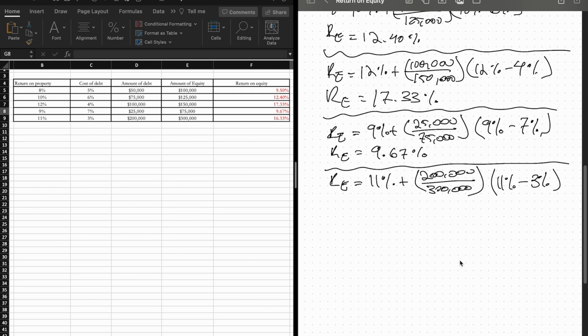Our return on equity is equal to 16.33%.